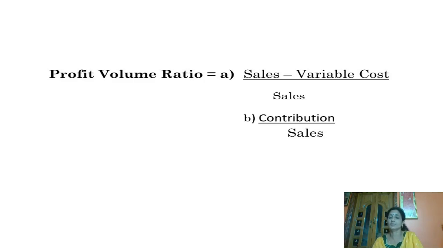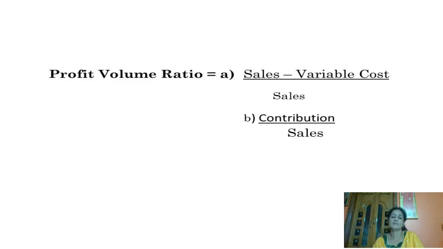So 1 lakh minus 40,000 divided by 1 lakh will give you profit volume ratio. Sales minus variable cost, the figure we got in the simple example in the previous slide, is 40,000. So 40,000 divided by 1 lakh. What is the percentage? That will be 40%. PV ratio will be 40%.